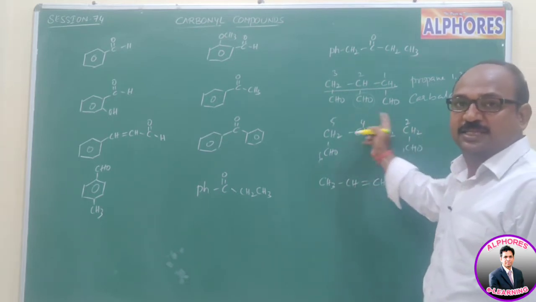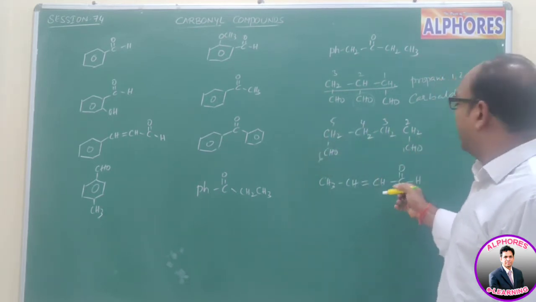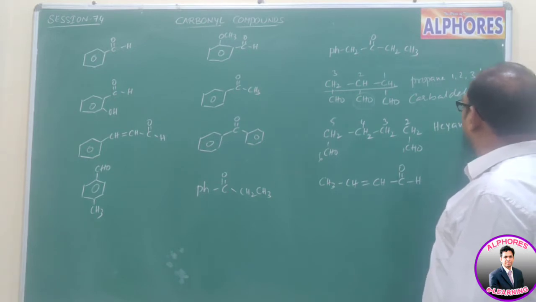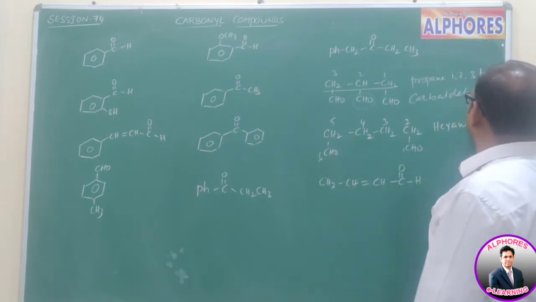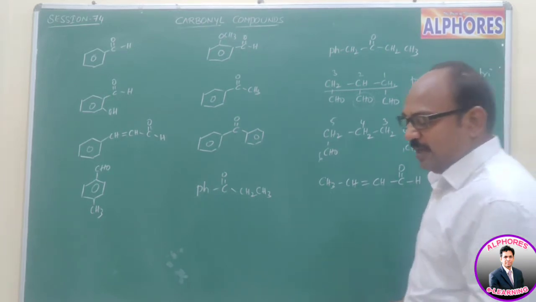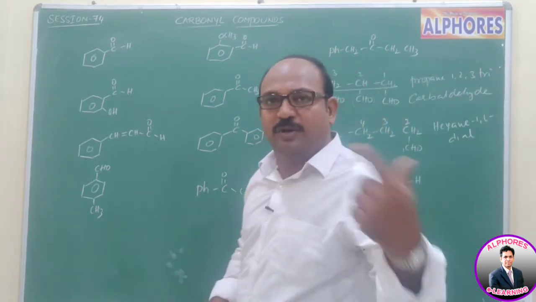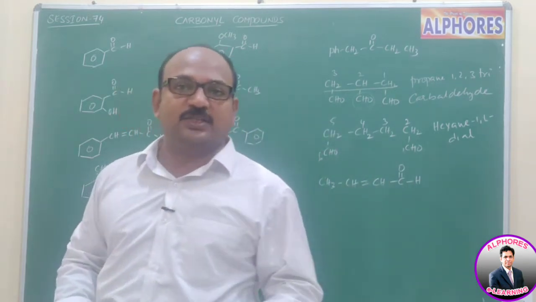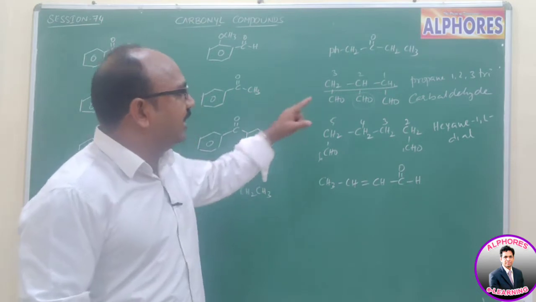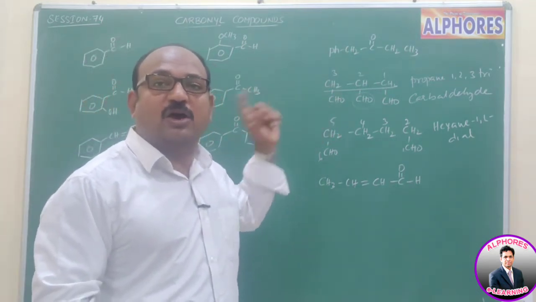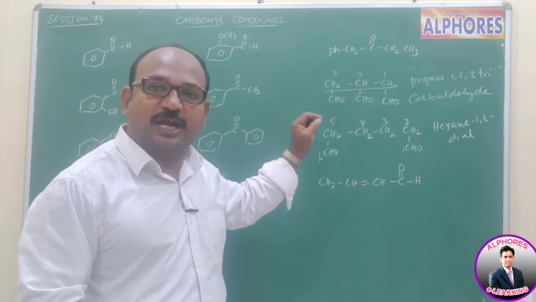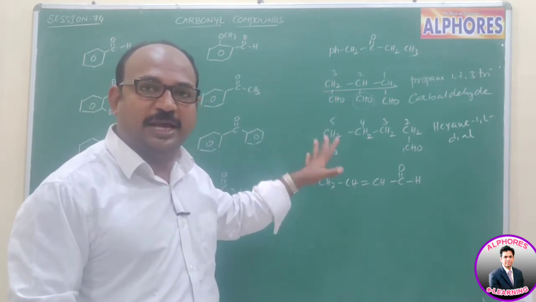In such a case, 6 carbon atoms are here, so hexane-1,6-dial. Whenever the aldehyde carbon is involved in the long chain, in such a case we can call it al. But whenever the aldehyde carbon is not involved in the long chain, we are not supposed to call it al, and instead we need to call it carbaldehyde.